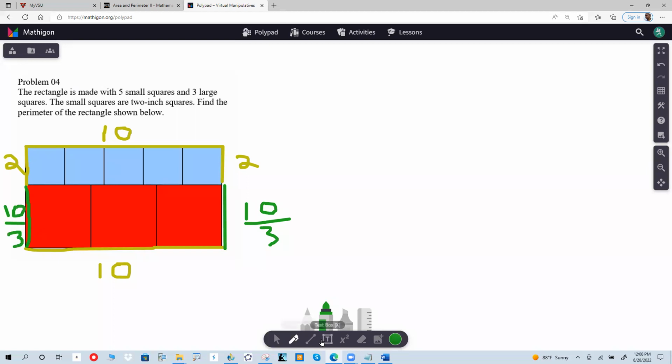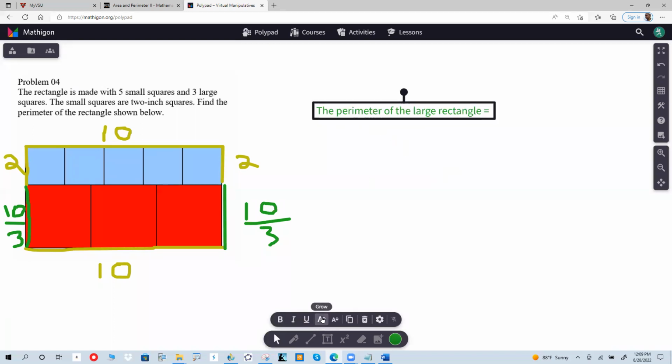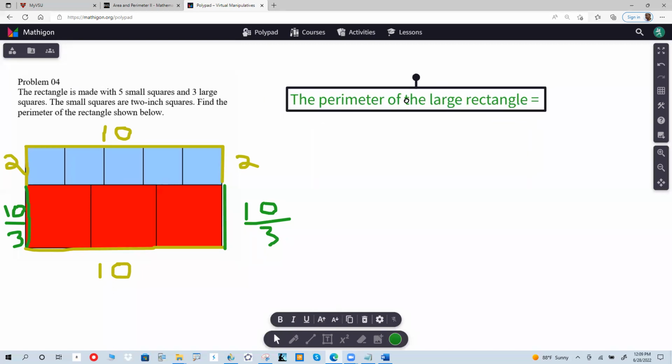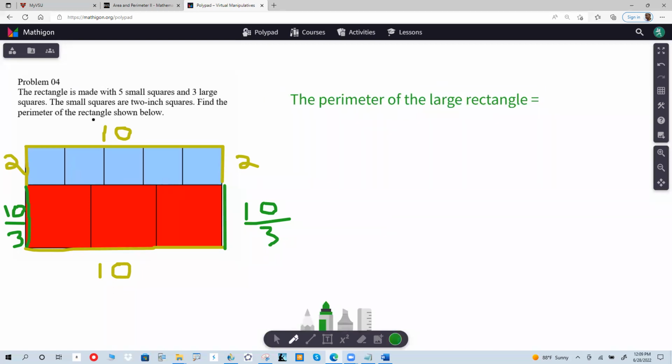So what's the perimeter? The perimeter of the large rectangle is account for everything on the side. I'm seeing 10 twice.